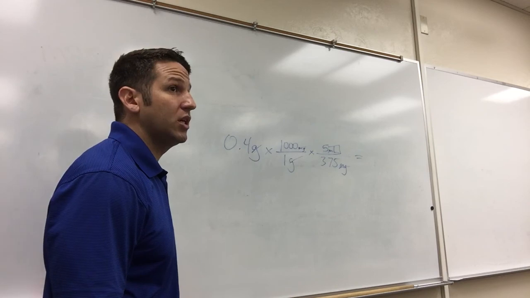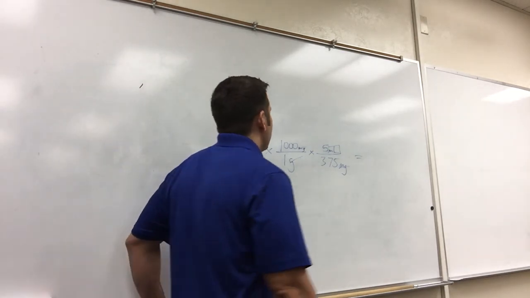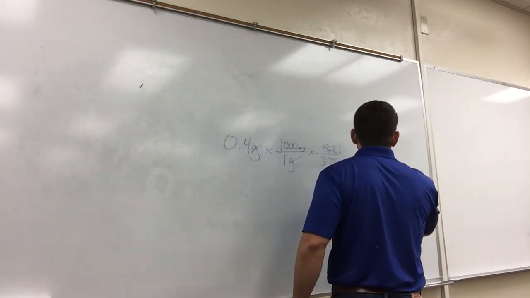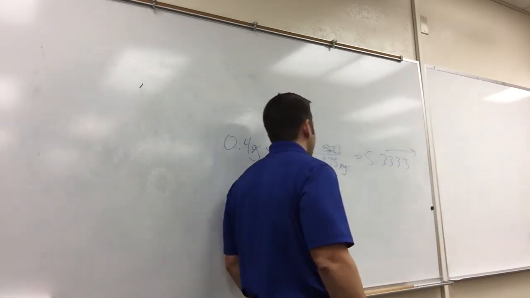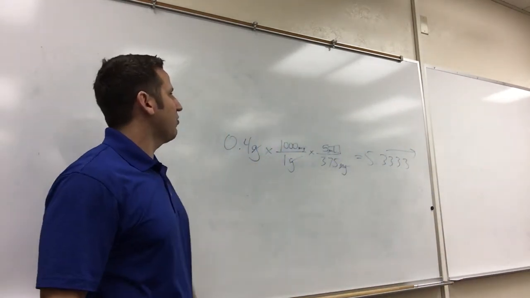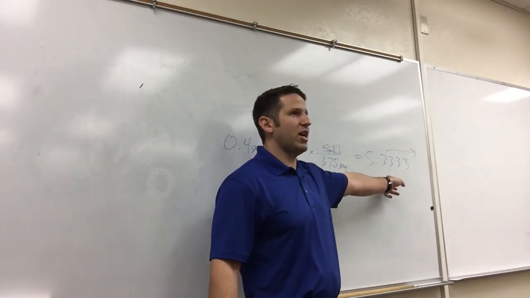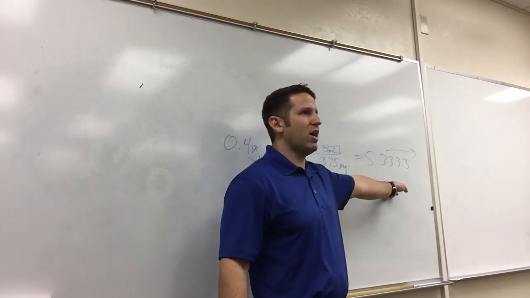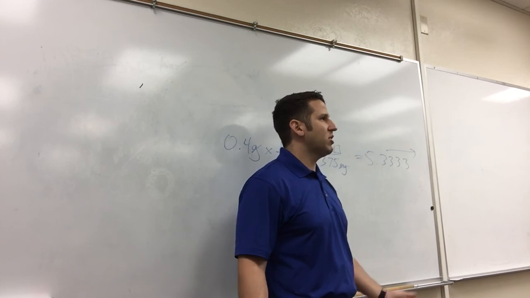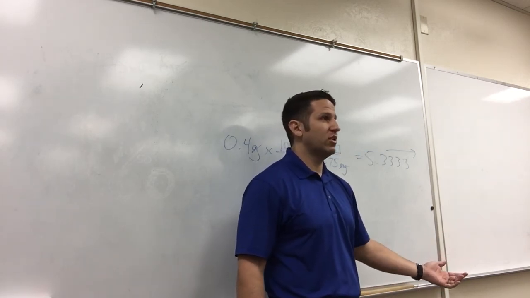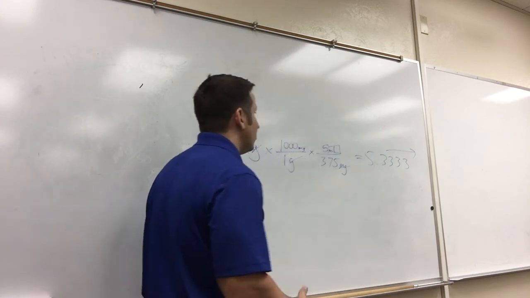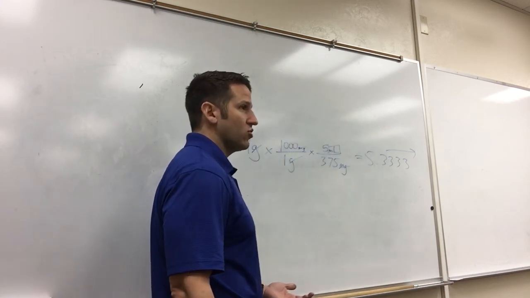What is it? It's 5.3333 forever and a day, right? Can I put that dose in a syringe with that arrow over it? No, I've got to round it, right? If I'm using something over 5 cc's, over 3 cc's even, I'm going to be using a larger syringe.